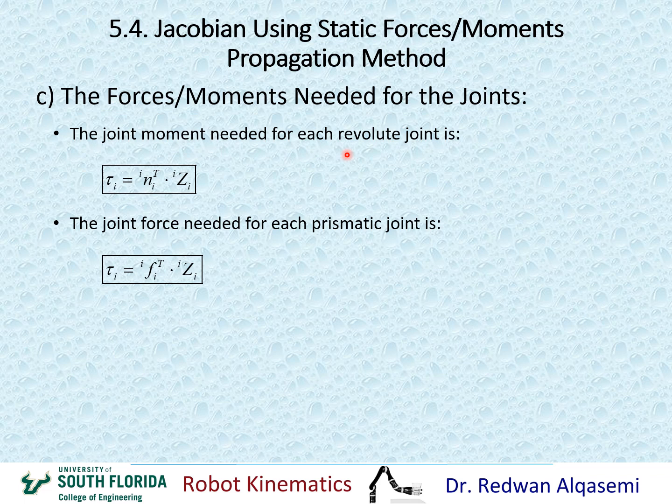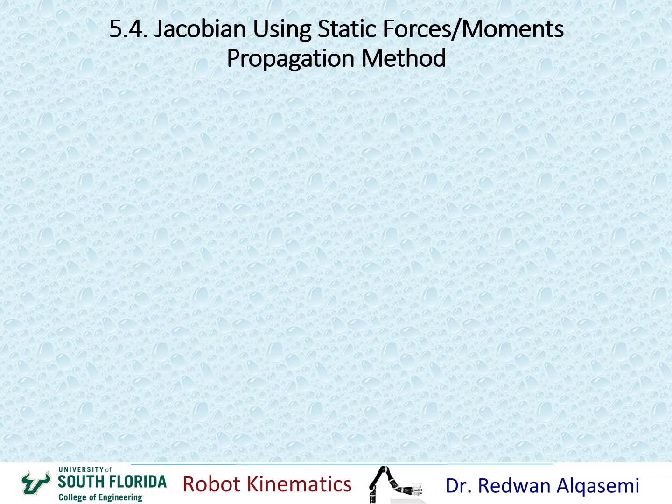Okay, once we extract these two quantities, we call them tau. So tau refers to the moment or the force, depending on what we are looking at. If we're looking at the revolute joints, tau is a torque. If we're looking at the prismatic joint, tau is a force. Okay, and as we mentioned earlier, z i relative to i is always 0, 0, and 1.